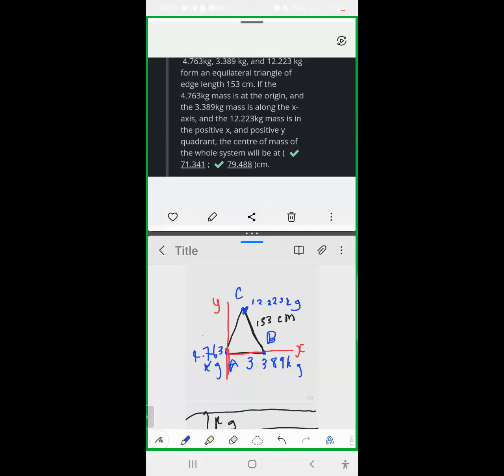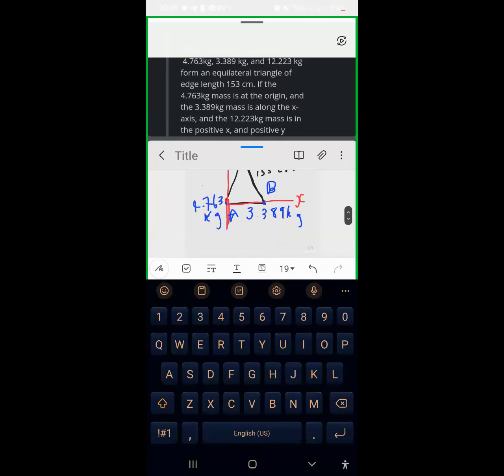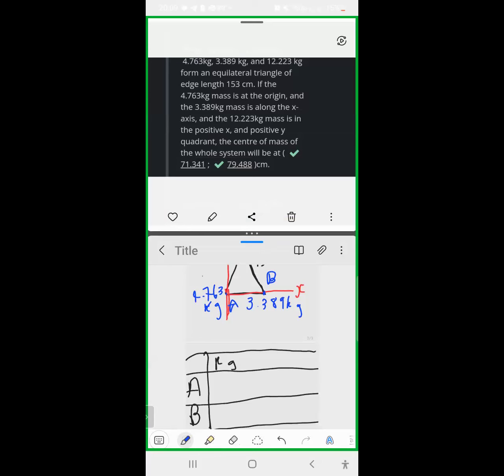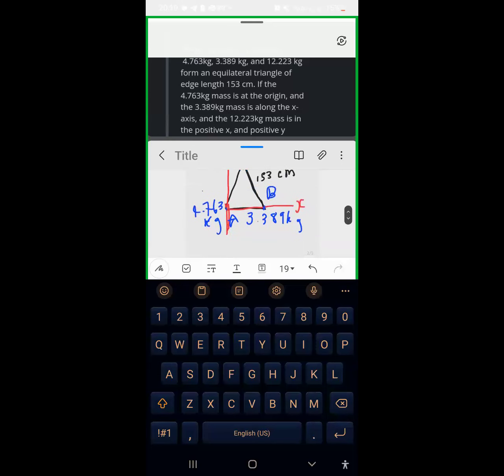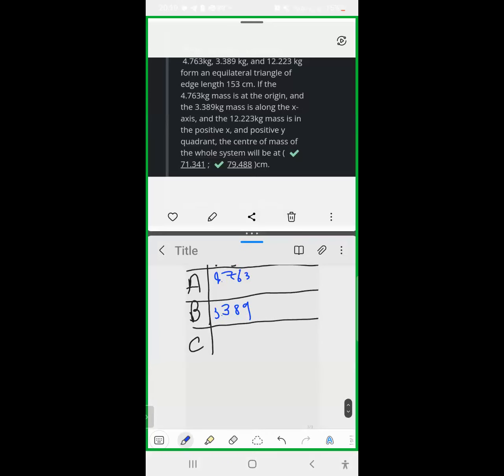Right, so the mass at A, which you can call particle A, is 4.763, and then at B it's 3.389, and then the last one, which is the C, is 12.223 kg.